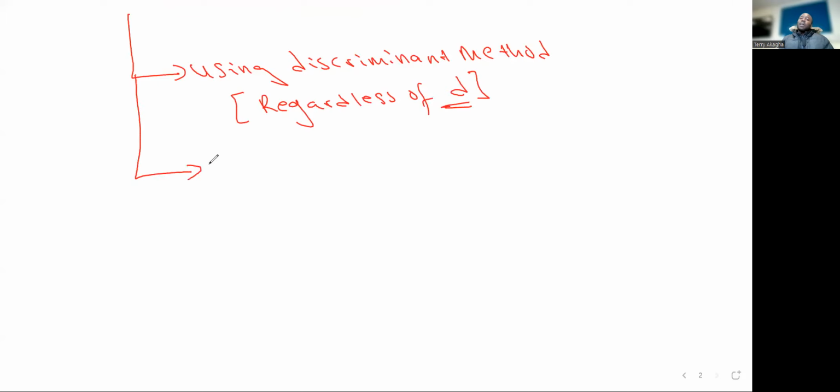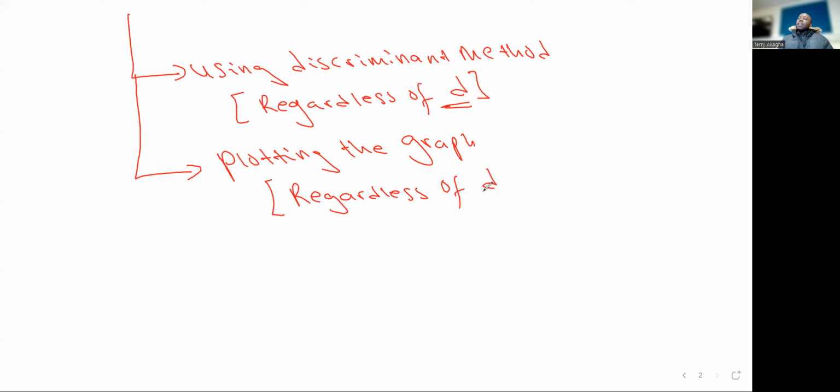And the last one that people use as well is just plotting the graph. So this is not sketching, but plotting, okay? We're not going to discuss this here as well, and it also works regardless of d.